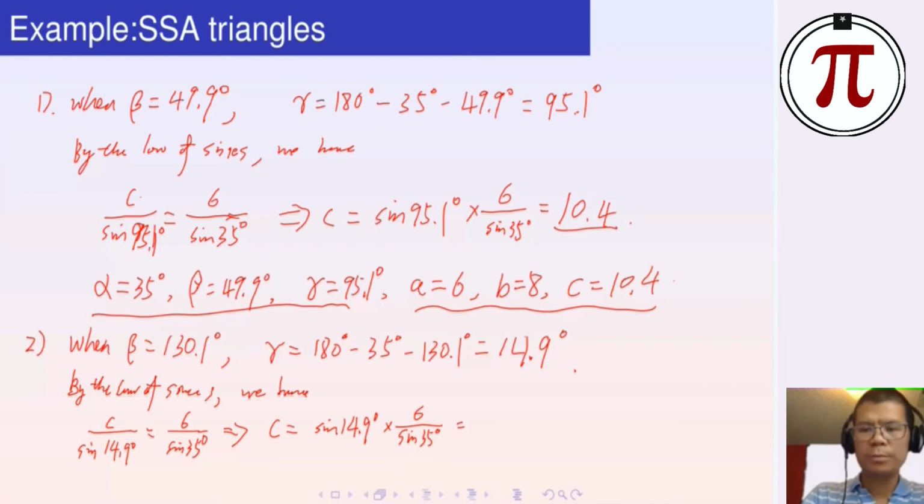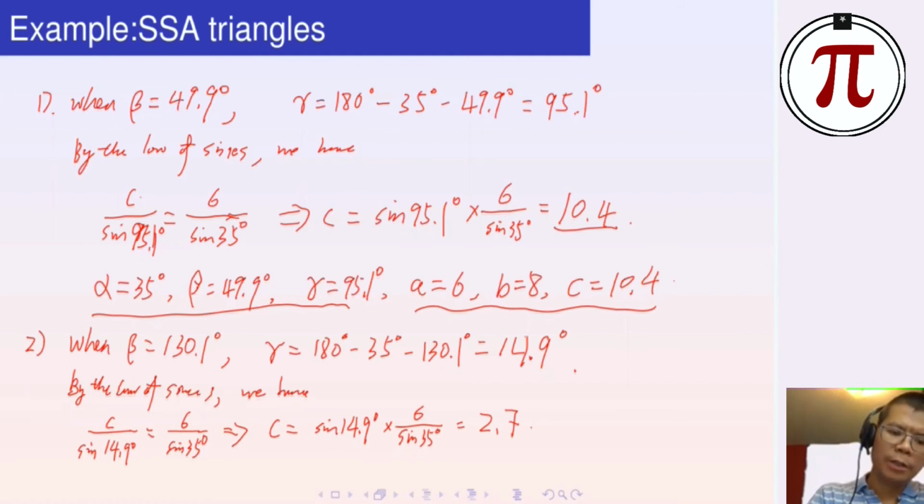Anybody found this one? 2.6897, so we round to the tenth, right? So 2.7. Yes, very good. So in this case, we will have what?